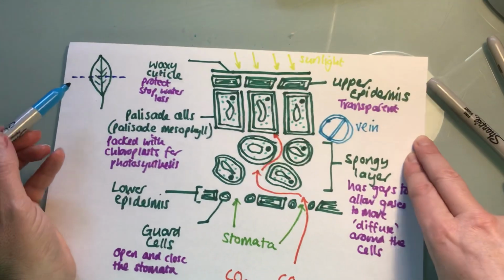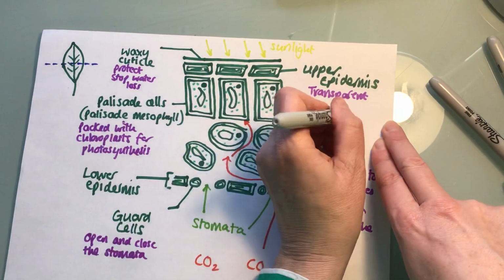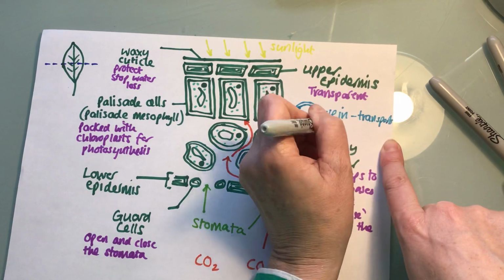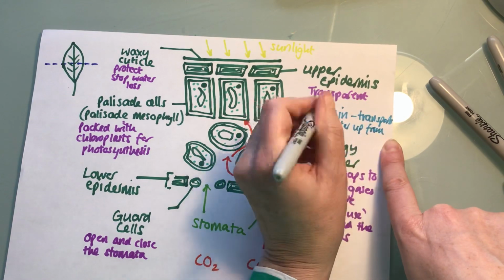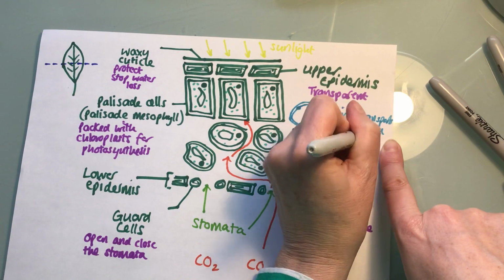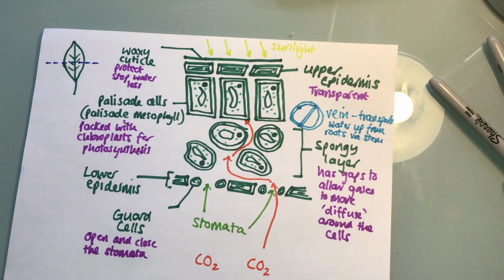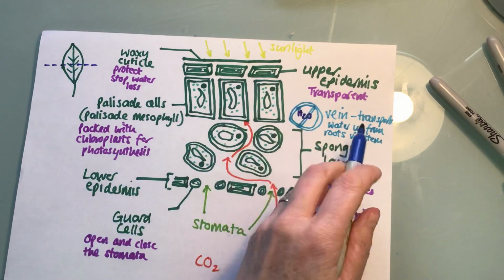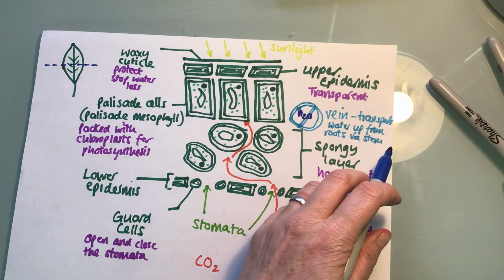So if we come back here, these little bits here, the vein of the leaf transports water up from the roots via the stem. So water is moving up in through the vein. It's come up through the stem because it came into the plant through the roots.